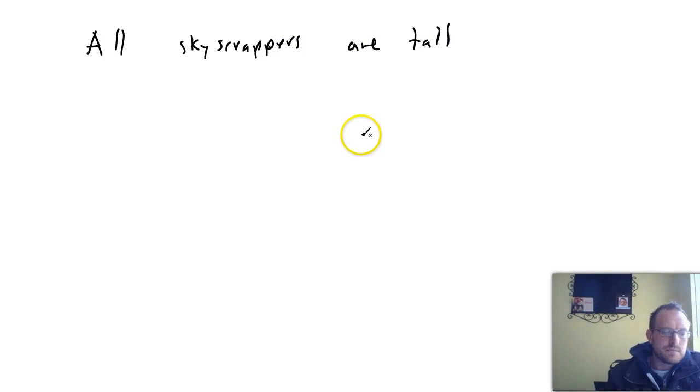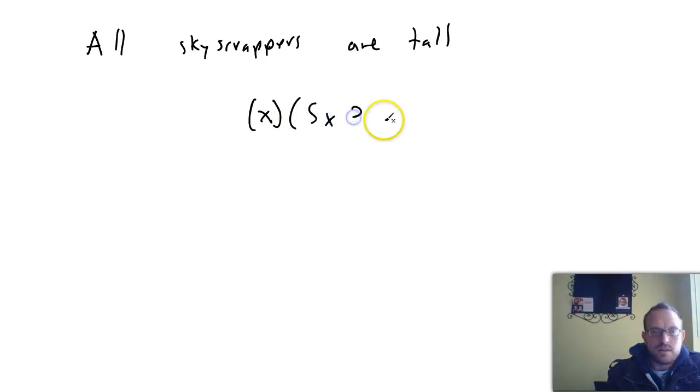Let's do some practice with some simple statements. What if someone says, for instance, all skyscrapers are tall? How are we going to symbolize this sort of statement? Well, we're going to symbolize like this. If there's something in the universe, this X, if that X is a skyscraper, then that X will be tall.